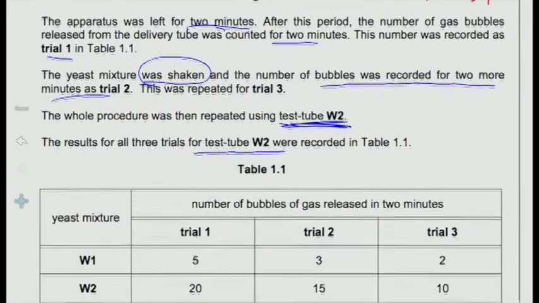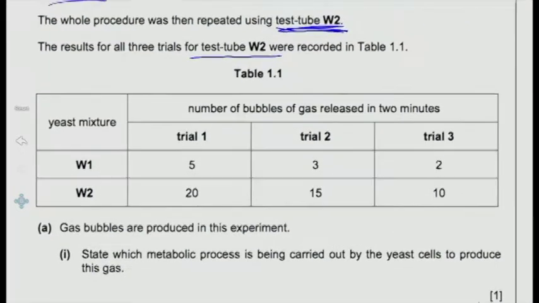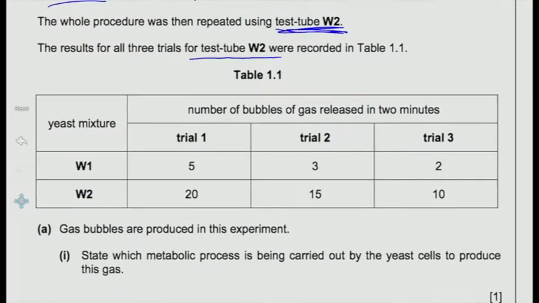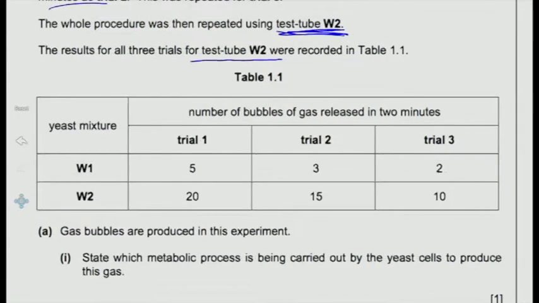Let us look at the results now. These are the yeast mixtures, W1 and W2. Trial 1, trial 2, trial 3. The trials mean doing the activity almost exactly like you did prior.